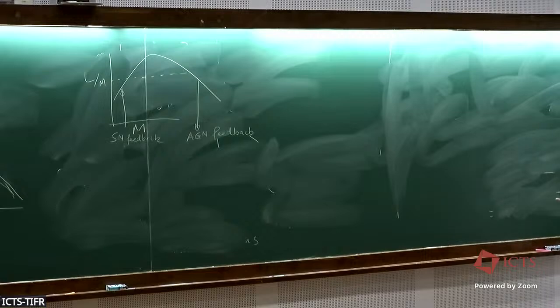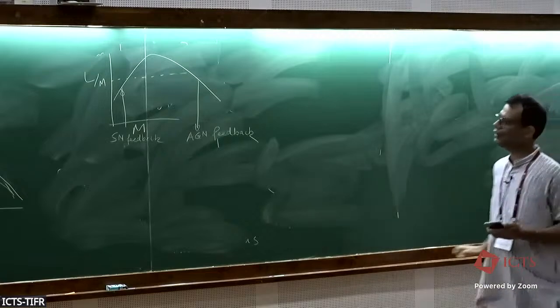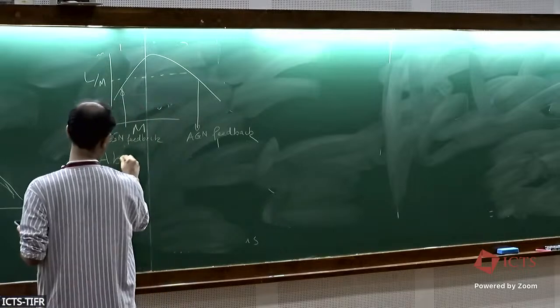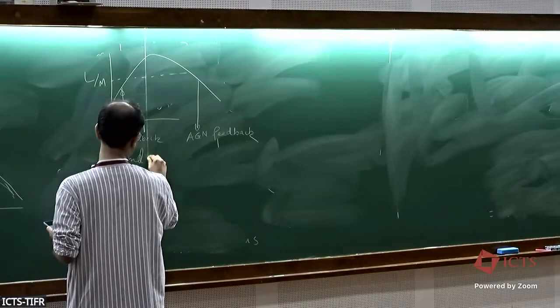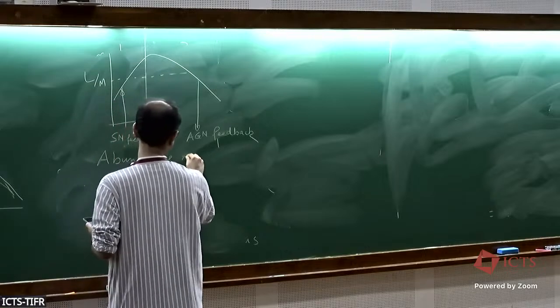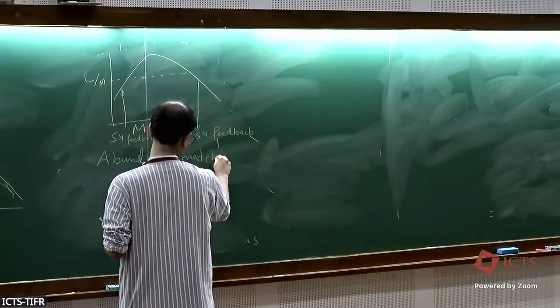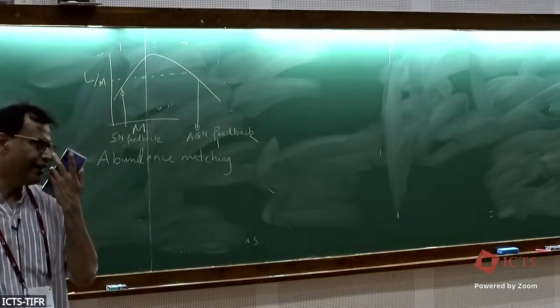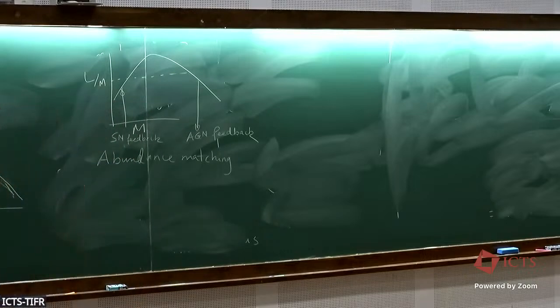Now what do we do? By the way, choosing this to match the observation is often called abundance matching. There is a formal name. You can do it very rigorously, but this is a jargon which you may want to keep in mind.